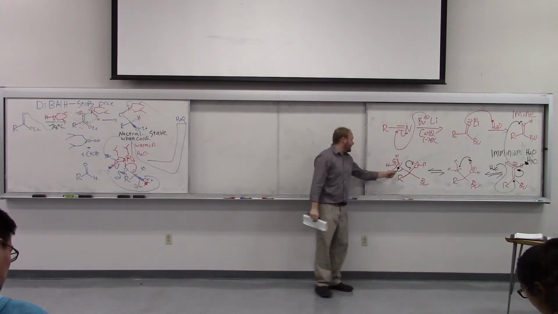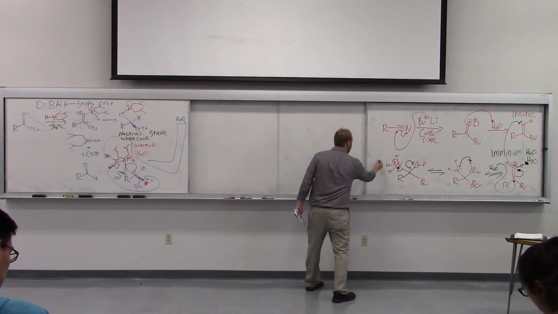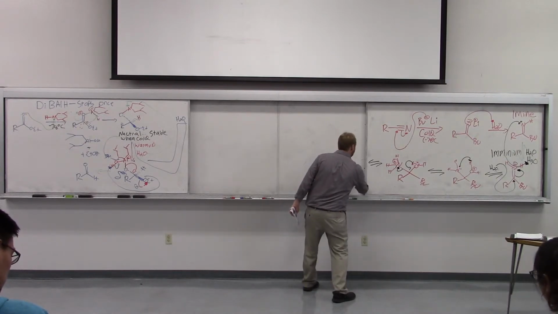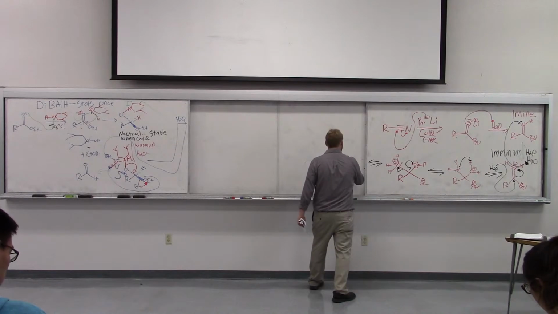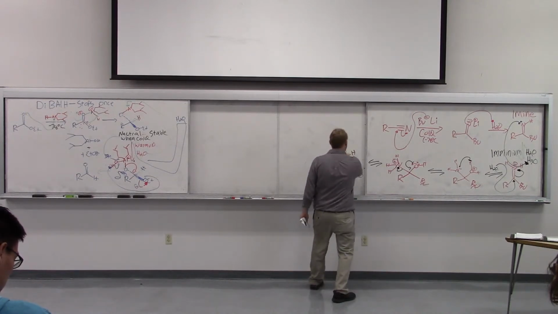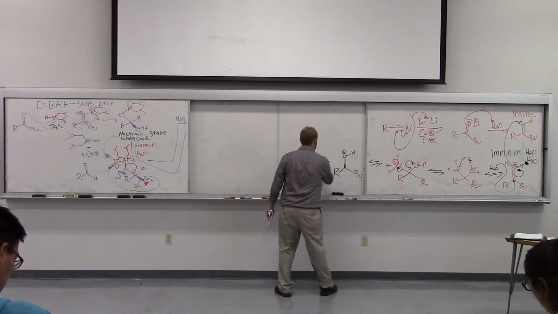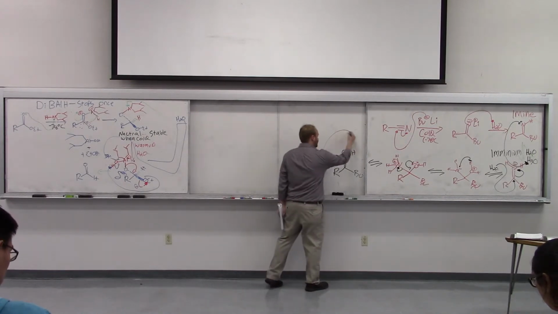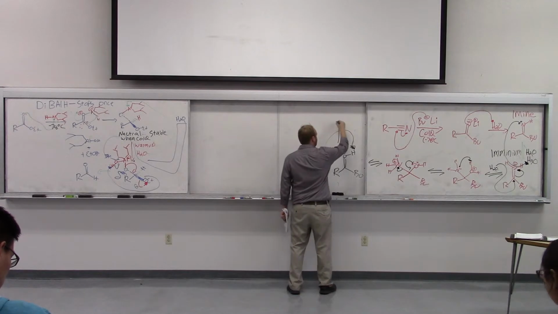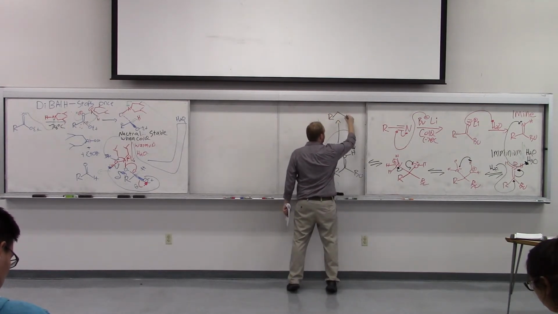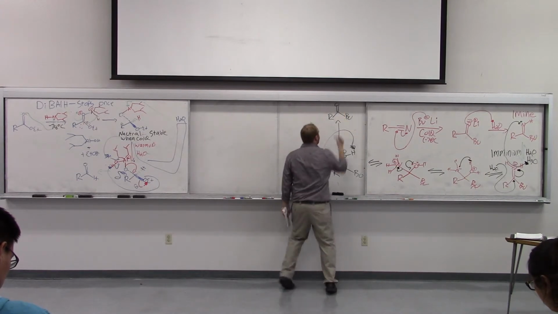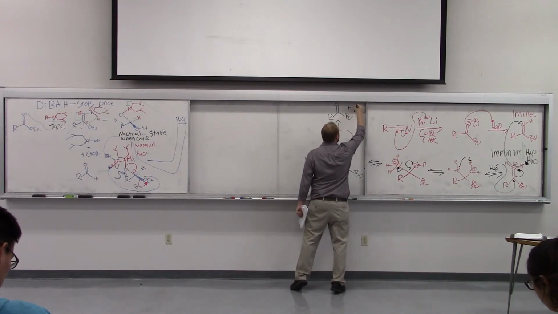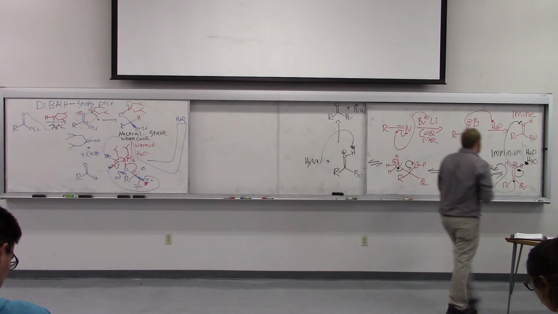So now we can kick off the ammonium, and this will give us our protonated carbonyl, plus ammonia, and then the ammonia is just going to grab the proton to give us our ketone plus NH4 plus.